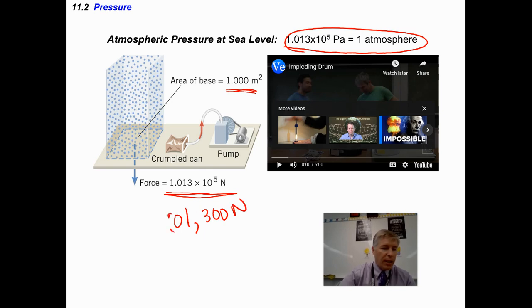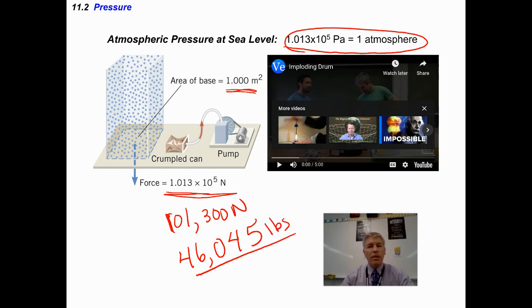Again, let's divide that by 2.2. You're talking about 46,045 pounds of force. This is amazing, the amount of force acting down on every surface.